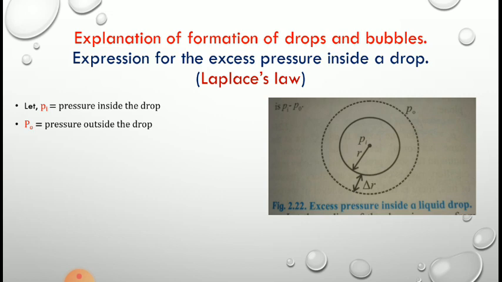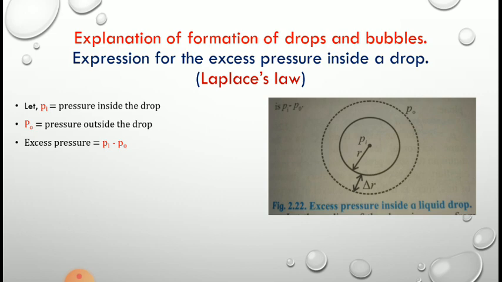As the drop is spherical in shape, the pressure inside the drop is greater than the pressure outside. Therefore, the excess pressure inside the drop is Pi minus P0. So P0 is the outside pressure and Pi is the inside pressure, and the pressure difference, that is excess pressure, is Pi minus P0.